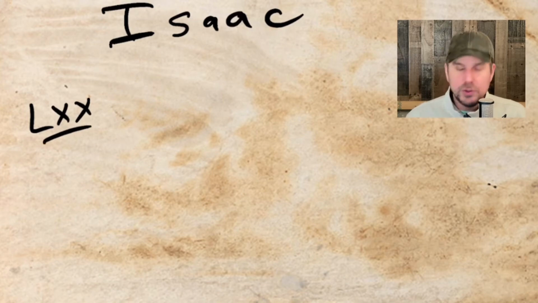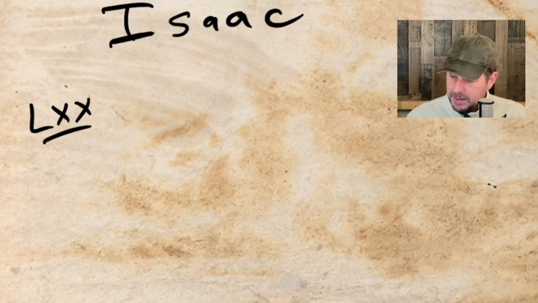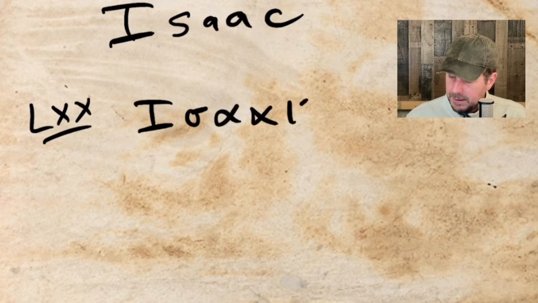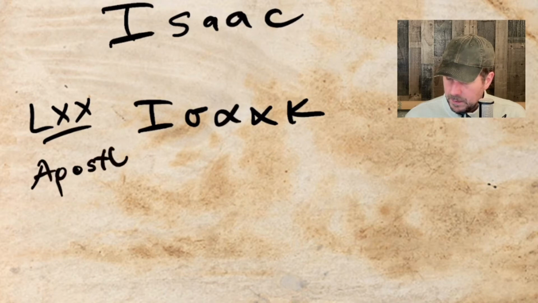The first Greek translation of the Torah from Hebrew into Greek, it is spelled Yoda, Sigma, Alpha, Alpha, Kappa. Yitzchak. And the apostolic writings follow the same spelling, Isaac.